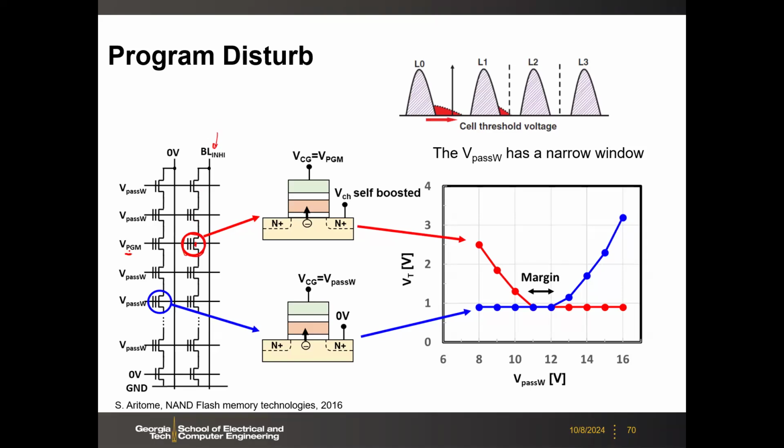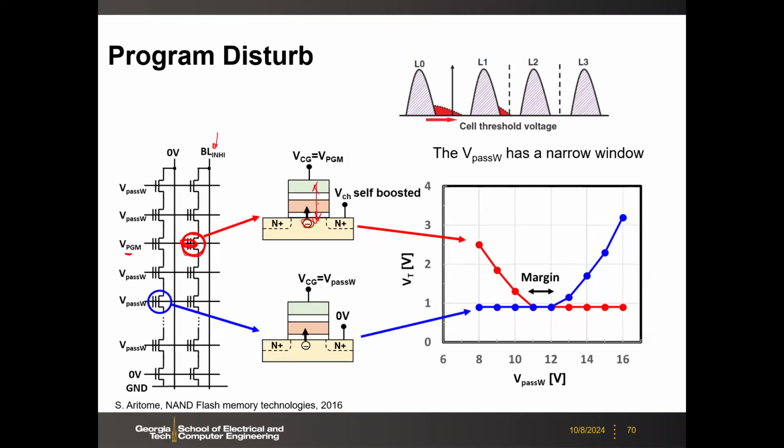Therefore, the programming voltage minus the channel potential means effectively you do not have a large voltage across this gate stack. But if your channel potential somehow is not raised up, then you may have a large voltage across this one, and this will program this cell, right? So here you rely on the channel inhibition or self-boosting to reduce this voltage.